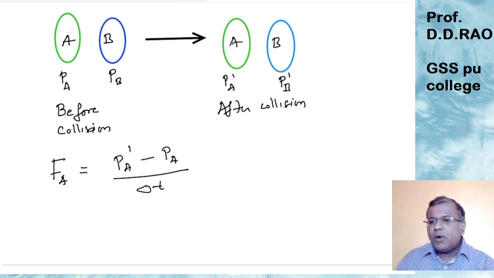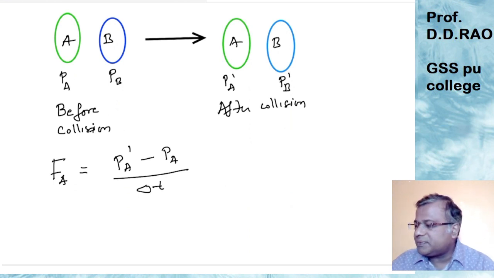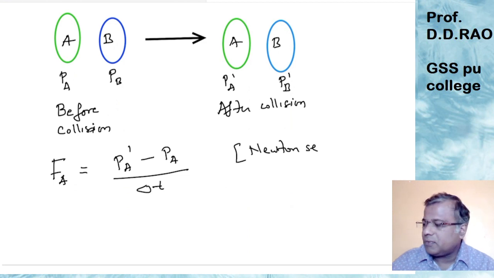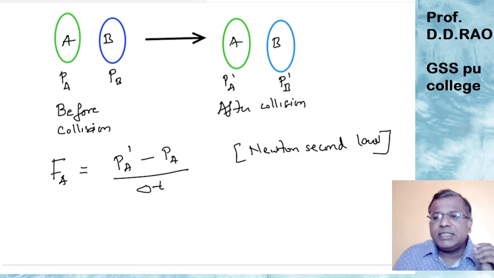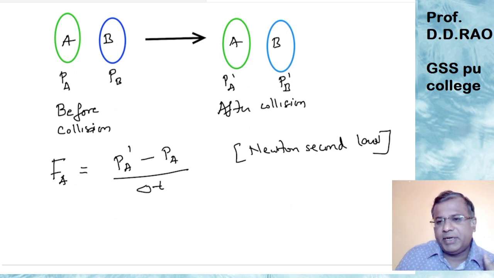Now why did this equation come into play? It's because of Newton's second law. What does Newton's second law say? According to Newton's second law, force is equal to rate of change of momentum.